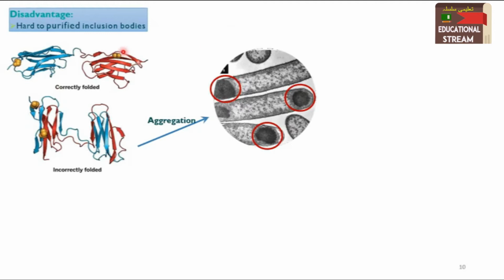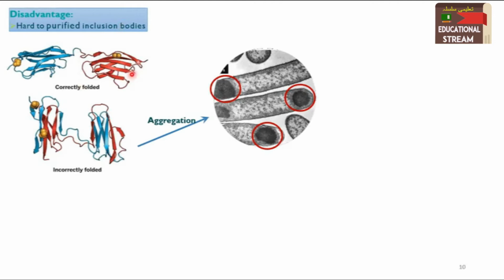Along with these advantages, there are certain disadvantages to using bacteria as a host system, because if inclusion bodies form, then it is hard to purify the protein. For instance, this is the structure of the protein that you want, your target protein, correctly folded into its proper three-dimensional structure.